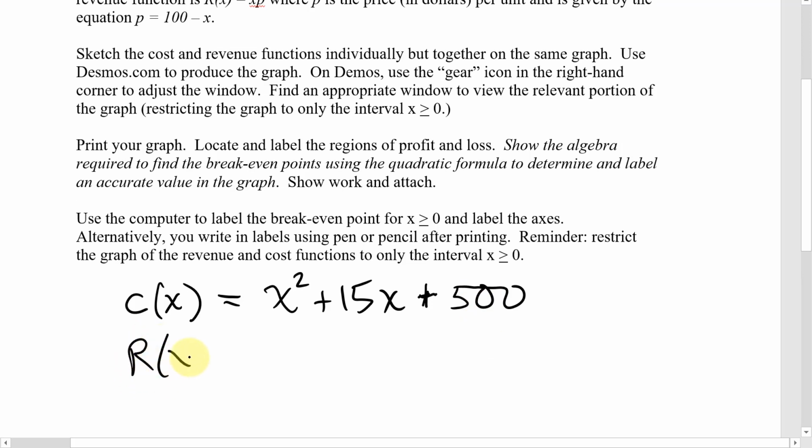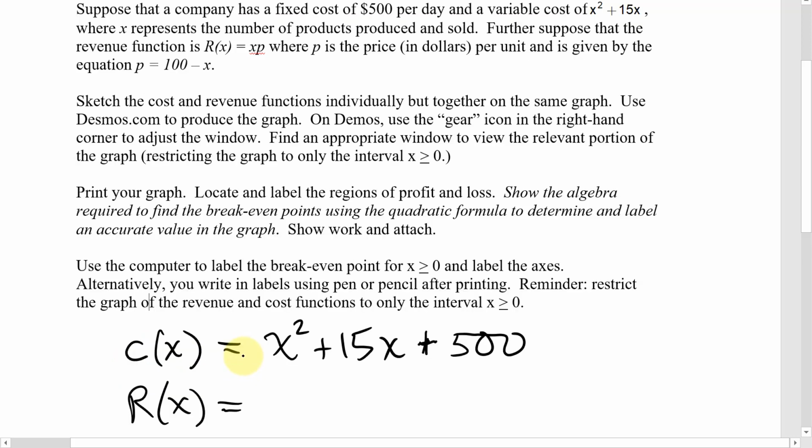Revenue is given as a function of the production level and the sales level. The revenue is x times the price. That's clear because whatever your production and sales level is, that x could also be called your demand level. So whatever the level of demand is, that's how many you sell, and this is the price you're selling per unit. So if you sold 100 units at $5 each, it'd be $500 in revenue.